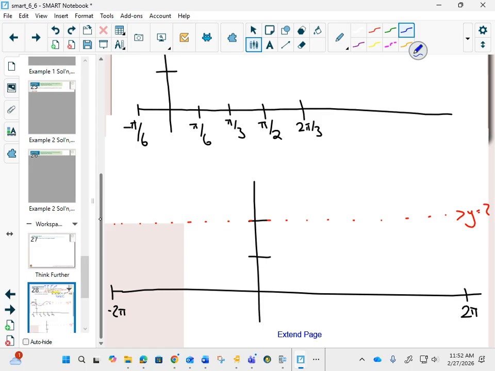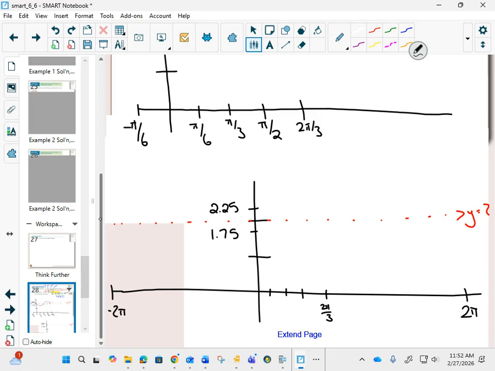You would still have your maximum at 2.25 and your minimum at 1.75. Your period would still be 2 pi over 3. Where is 2 pi over 3 on here? 2 pi over 3 would be a third of 2 pi. Does that make sense? So if I eyeball this, here's my 2 pi over 3. Then this would get divided into 4 equal sections.